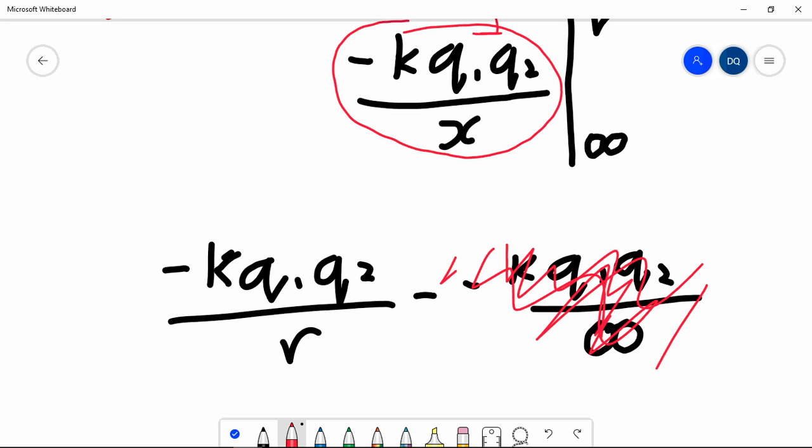This means that the amount of work that it takes to get charge Q2 to a certain distance r from Q1, to get it there from infinity, is actually a negative amount of work. And that is negative k q1 q2 over r.